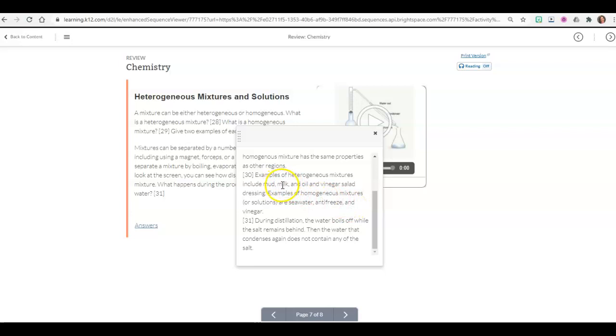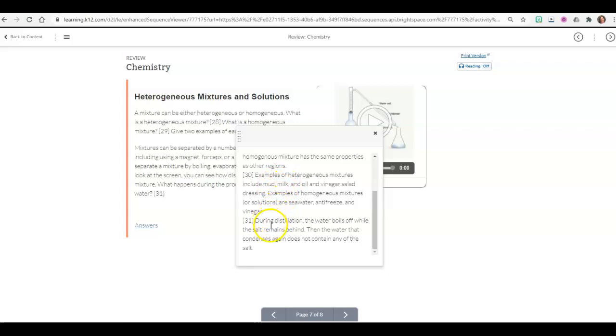I think milk is incorrect here because with oil and vinegar, you can see the different parts. But when you're looking at milk, you cannot see the different parts. It all looks like one substance. Unless the milk is raw milk right from the cow and the cream comes to the top, then that would look like a heterogeneous mixture. But otherwise, the milk all looks like one thing. So I think we have an error there.